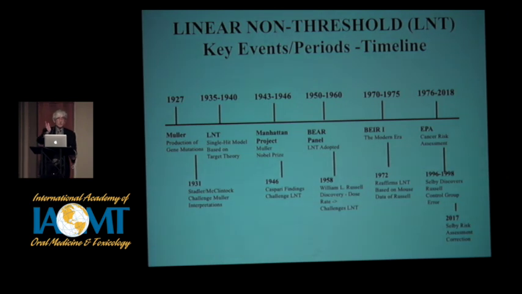Now, an important intermediary point to share with you is that in December of 1958, Bill Russell, who was on that committee, was working with mice, and not with mature sperm, but with spermatogonia and oocytes. He found essentially a dose rate phenomenon, and that meant that when you gave the radiation all at one time versus titrated out, it made a huge difference, totally different than what was reported in Muller's earlier work.